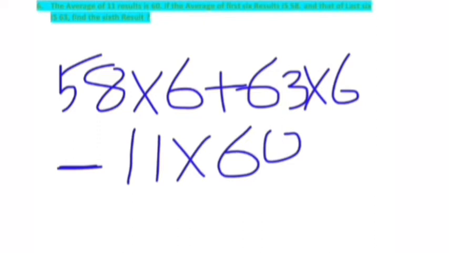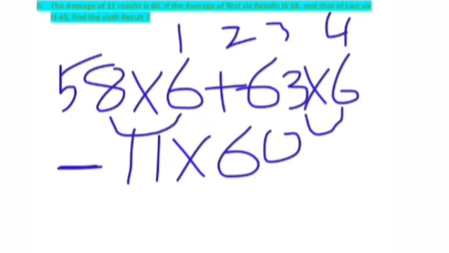How to calculate this kind of problem? In examinations you have 4 options, like 1, 2, 3 and 4. So do unit digit verification. Unit digit verification means: calculate 8 into 6, 48, so 8 is the end. Then 3 into 6, 18, again 8. So 8 plus 8 is going to be 6, we have to get 6.